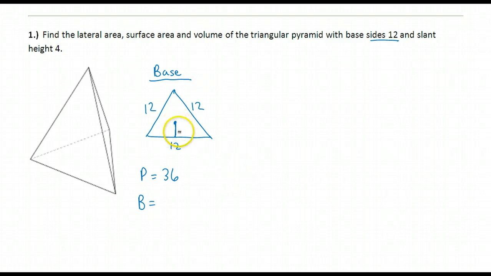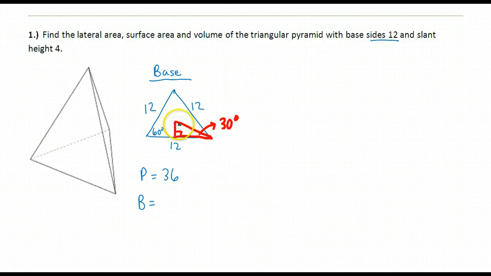To figure out the apothem, I have to remember that in an equilateral triangle, this angle is 60 degrees. So when I draw in the triangle made up of the apothem and this side and this hypotenuse, the angle that's right here is going to be half of 60 degrees, 30 degrees.